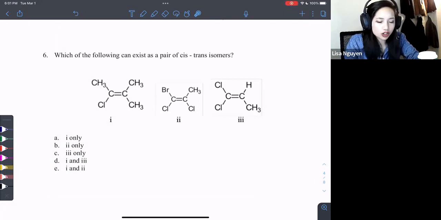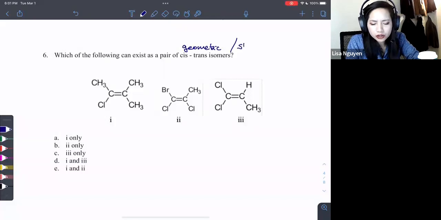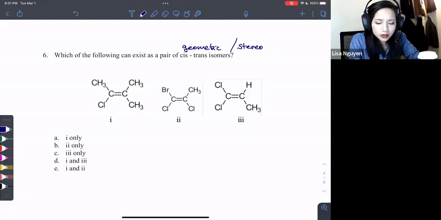All right, question 6 says, which of the following can exist as a pair of cis and trans isomers? This is a type of geometric isomer, which also falls under stereoisomers.